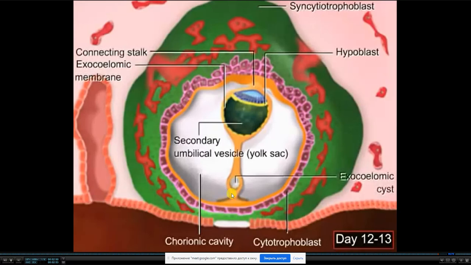It has no function for humans. But these exocelomic cysts were very important in egg-producing animals, for reptiles first of all. In reptiles, the exocelomic cyst is the air-containing part of the egg. If you ever open an egg, you've seen this small air-containing portion.